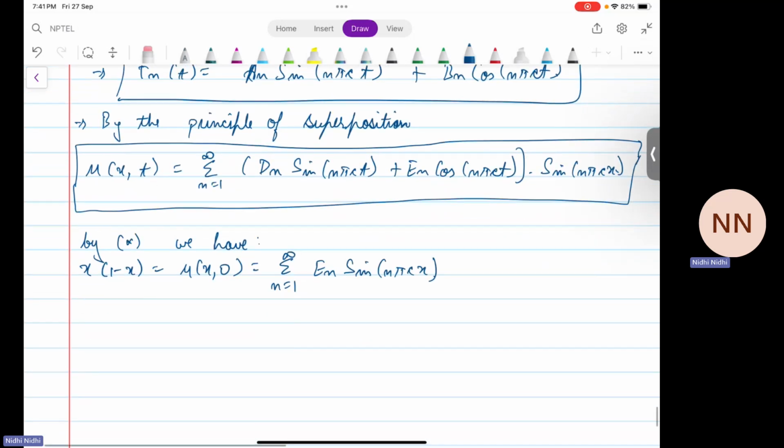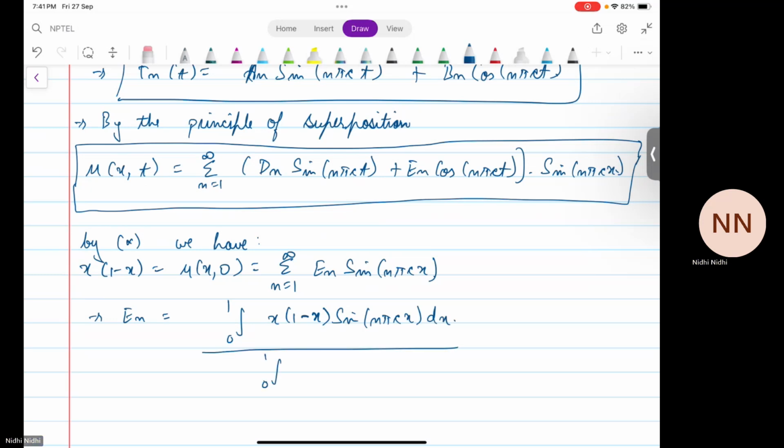So from here E_n is integration 0 to 1 x(1 minus x) times sine n pi x dx by integration 0 to 1 sine square n pi x dx.